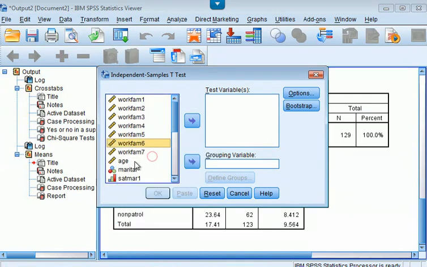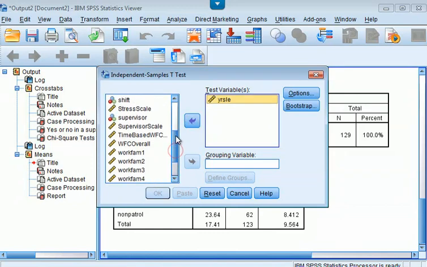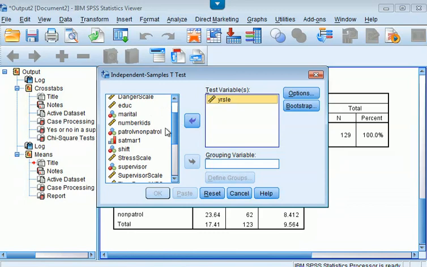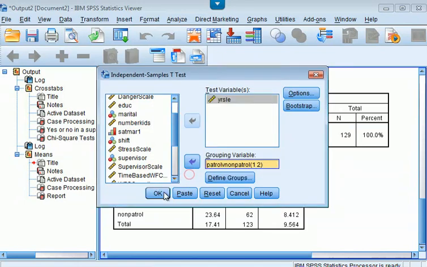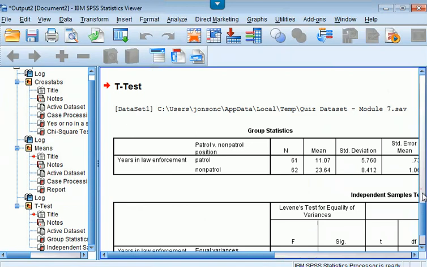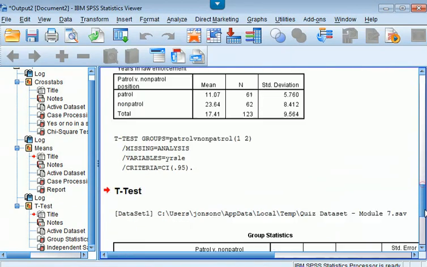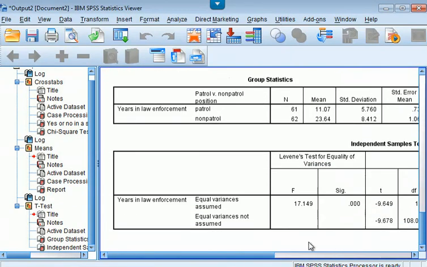Your test variable is years law enforcement. Your grouping variable, or independent variable, is patrol and non-patrol. I told you just to define group 1 as 1, group 2 as 2. Click continue, click OK. And you'll come down here and look at this table.